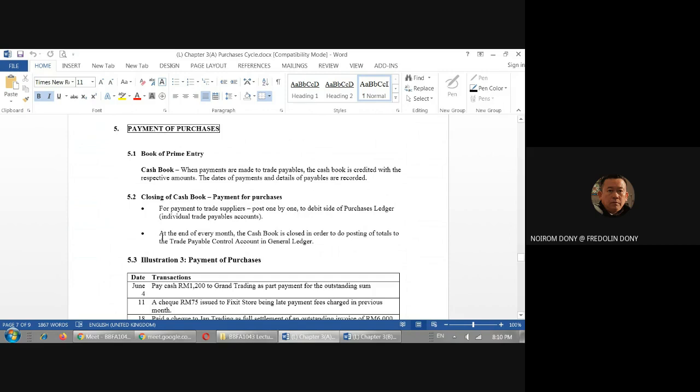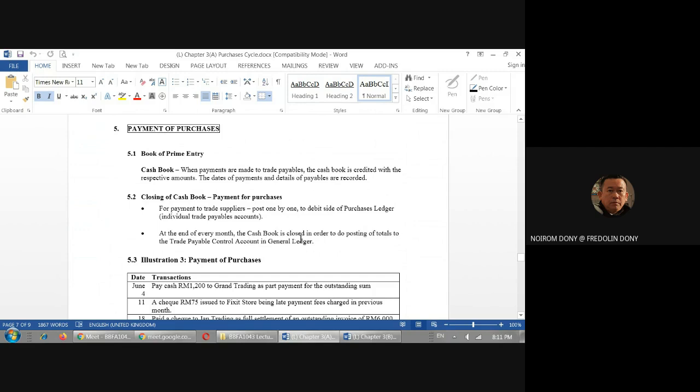Then the second step will be done at the end of every month. When you record the debit side individual amount according to the date of transaction, just like the purchases journal and the return outward journal, at the end of every month, the cash book is closed in order to do posting of the total to the trade payable control account in the general ledger. So this is where you do double entry.